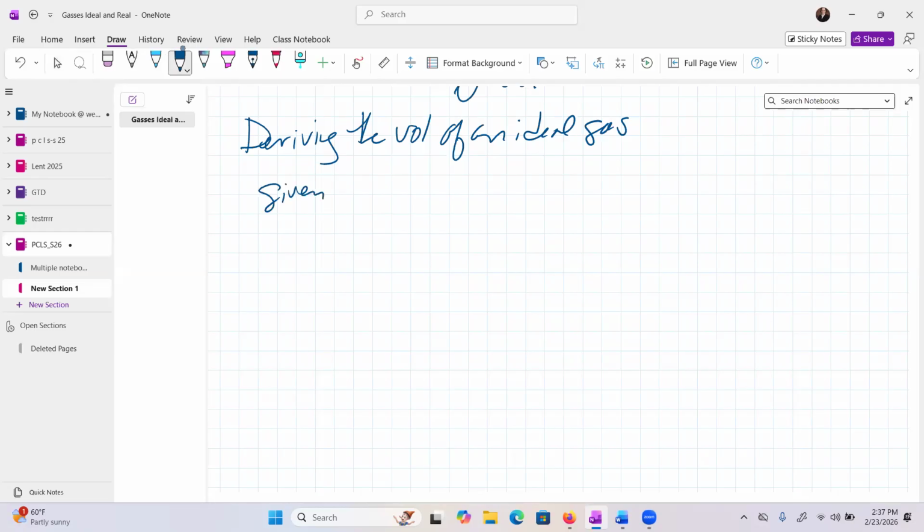Our favorite, PV equals nRT, but we'll use the molar version. All right, now let's see what we can do. Next, we're going to sub in the temp. So I'm going to put in 273.15. That's our triple point. R times H.